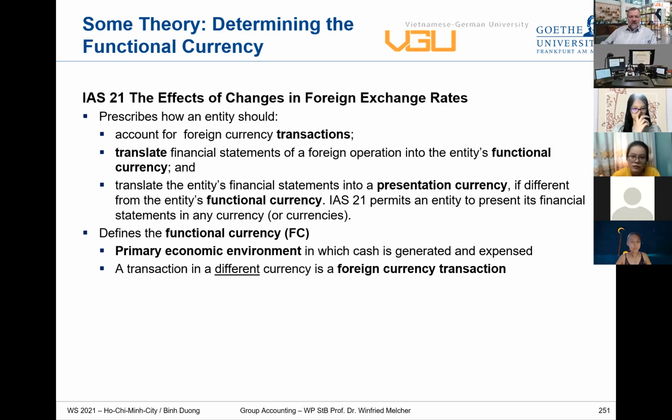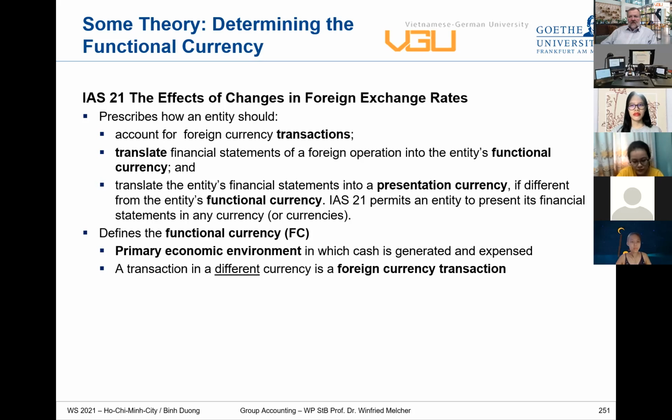So if a German subsidiary is sitting in Vietnam, well, the local currency is not euro. The local currency in Vietnam is still the dong, right? So we first have to figure out what is the local currency.